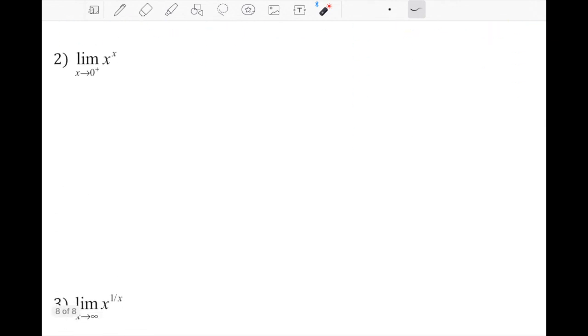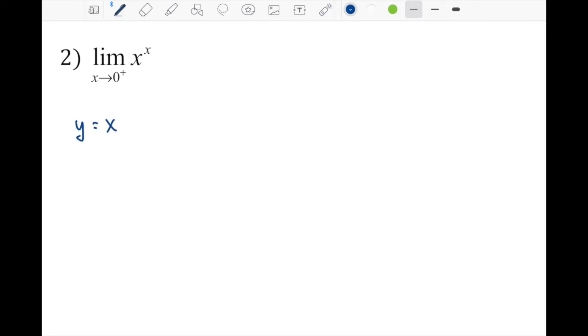Let's try the next one. The limit as x approaches 0 from the right of x^x. Well, that's going to give us 0 to the 0 power. Yikes. I'm going to take the same strategy. Regarding this as x^x = y, I'm going to take the natural log of both sides. That'll be x ln x. Now, I do realize I'm skipping a step in there, pulling the exponent out.